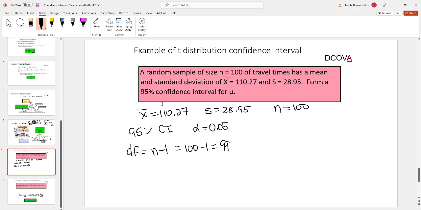Now we have to figure out what the t critical value is. If I draw my graph, this in here will be 0.95. That means we have 0.05 out in the tails. So we're going to take alpha, which is 0.05, and divide it by 2.